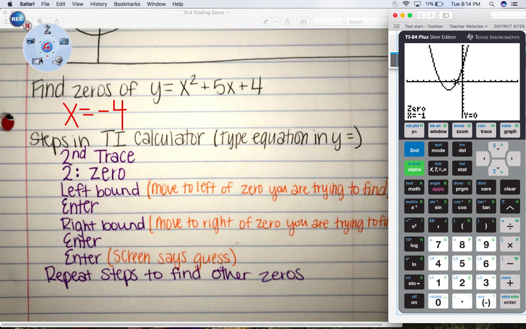So the next zero is at -1. And yes, we could see that, but again, on your assignment today, it's not going to be exactly that. On your assignment, it's going to change this y equals to just 0, so it's not going to have that part.